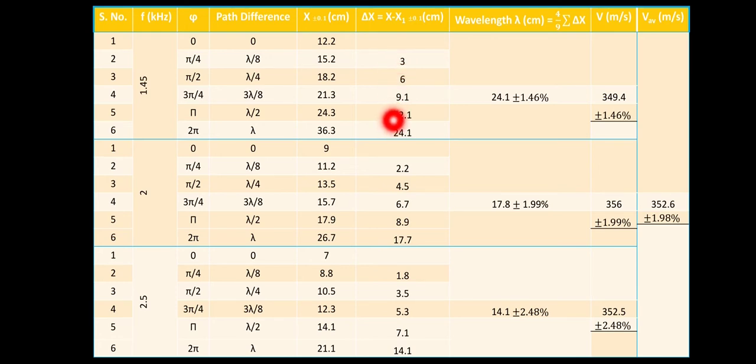We want to get lambda, so we will multiply by the inverse of 9 by 4, that is 4 by 9. So we have summed all these and multiplied by 4 by 9 for this and this. How do I get this percentage accuracy?